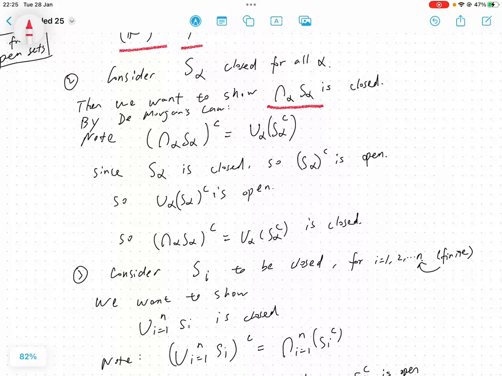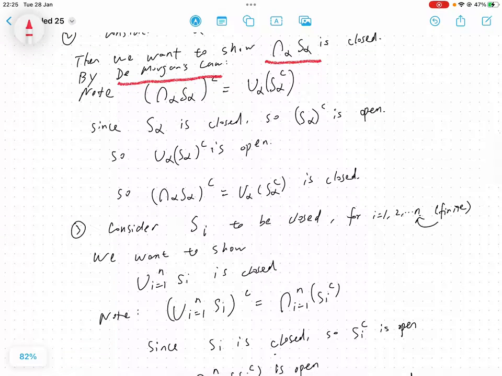Okay, so when we're trying to show those properties with multiple unions or multiple intersections, we're always going to use De Morgan's law to deal with the unions and the intersections with those complements. So we're going to have the complement of the intersection of S_alphas. By De Morgan's law, we first take the complement of each S_alpha and then take the union instead.